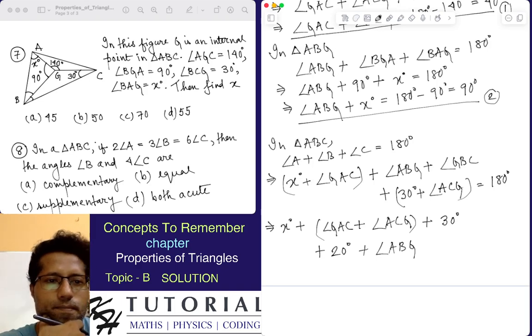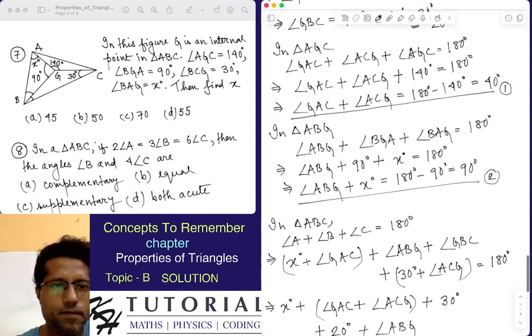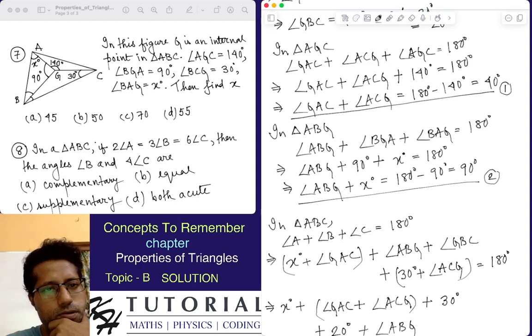BC is 90, AGB is 90, so we get this. We know GBC is 20 degrees. In triangle GBC, we know angle GBC is 20 degrees. Okay. And no more information is given.